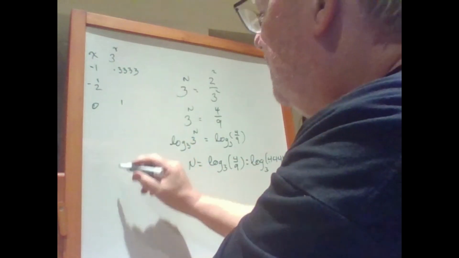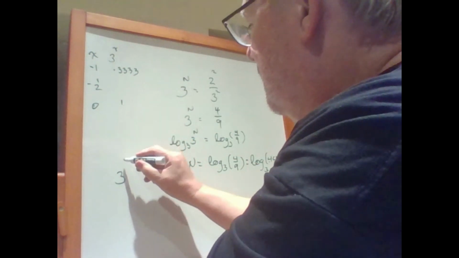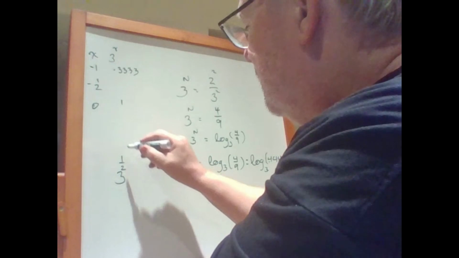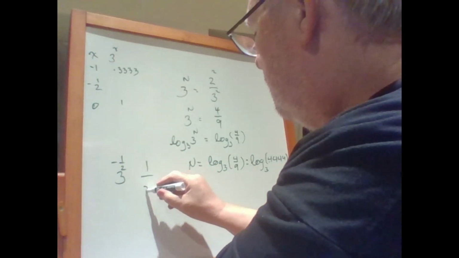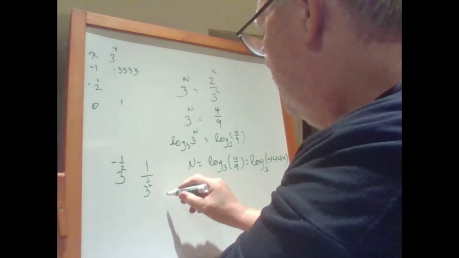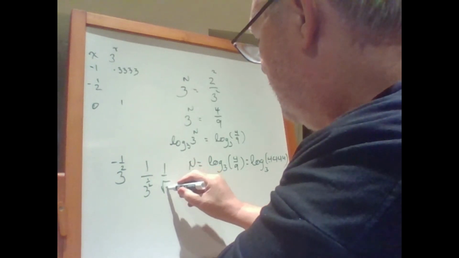So that's 3 to the negative 1/2, so that's 1/3 to the 1/2, or 1/√3.